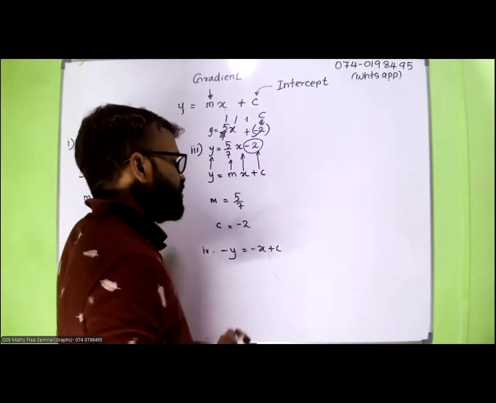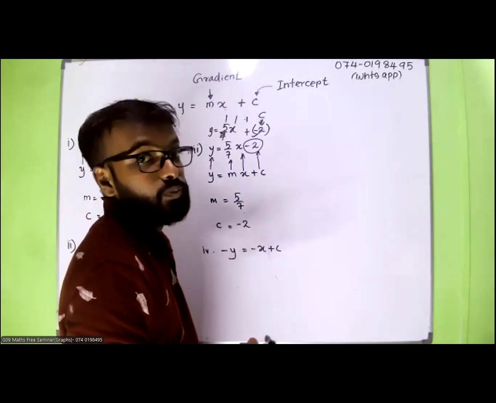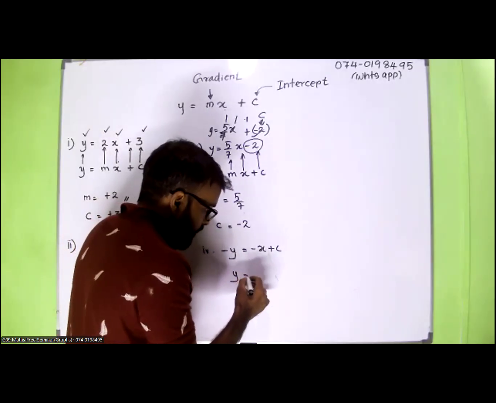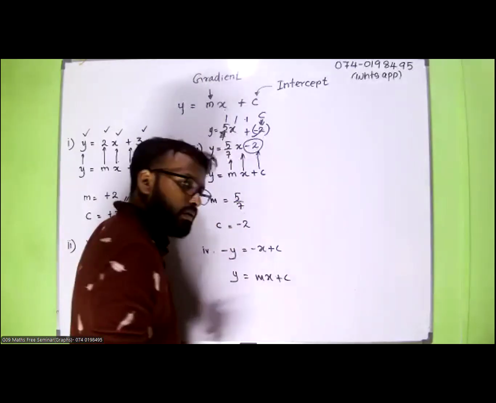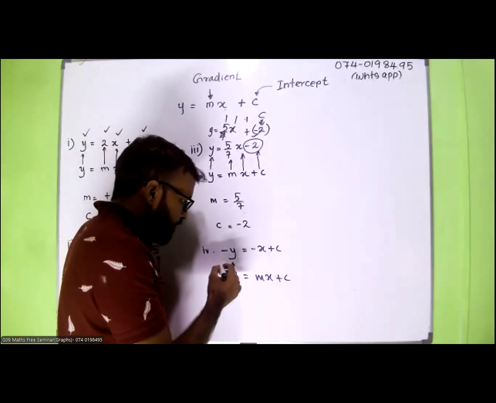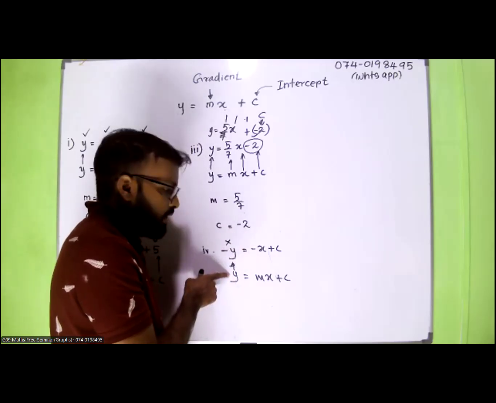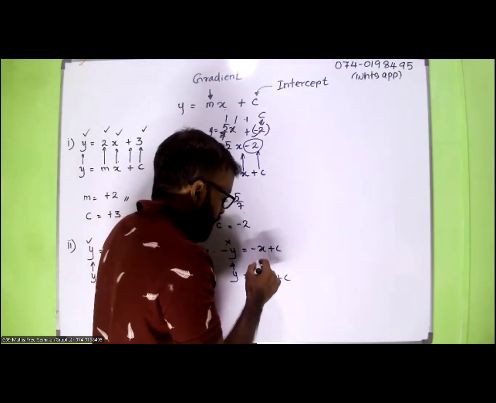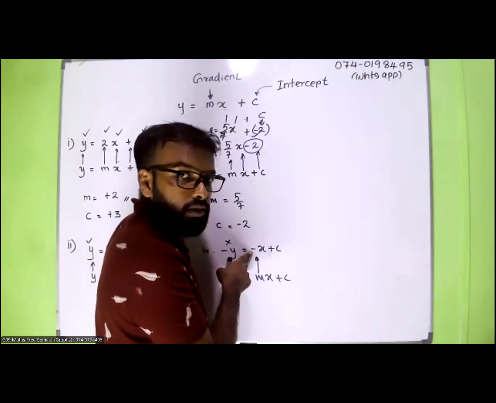Now this one: minus y equals minus x plus c. So shall we check this? Y equals mx plus c. Y not okay, because here you have positive y, and here you have negative y. M, yes, you can find a number for m here.